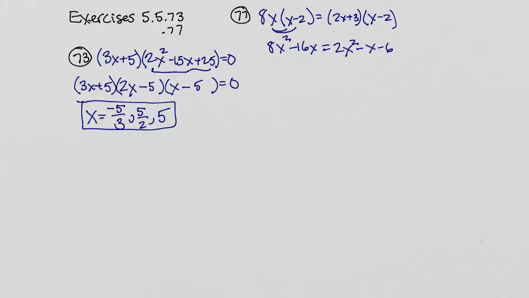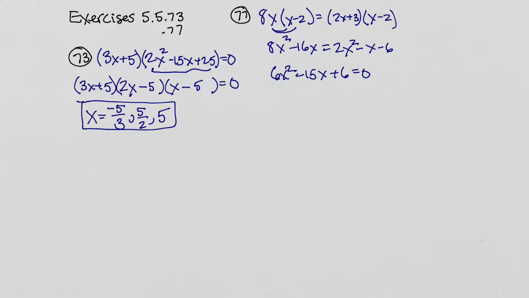So first of all, 8x squared minus 2x squared is 6x squared. Then we'll add the x. So negative 16x plus x, negative 15x. And then we'll add the 6. So if we add the 6, we now have 6x squared minus 15x plus 6 equals 0.